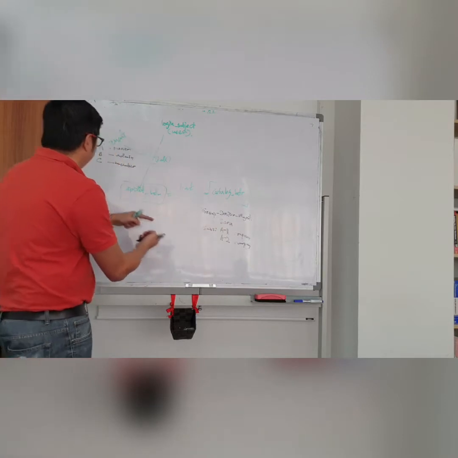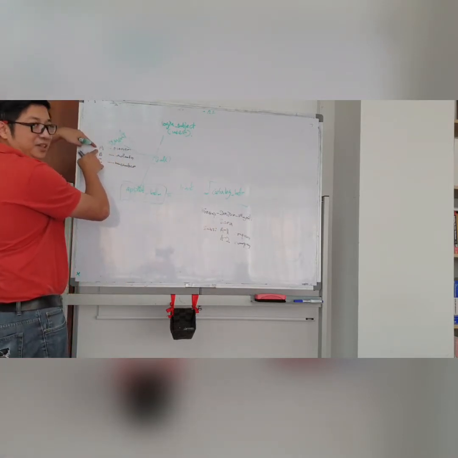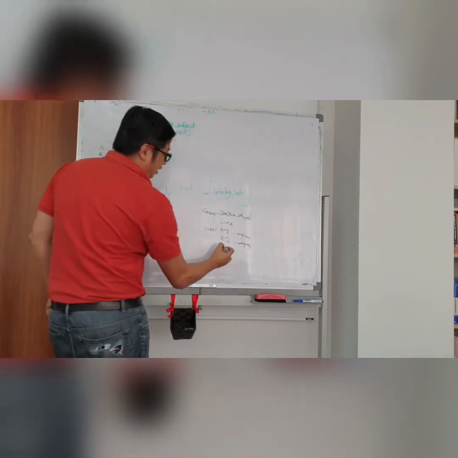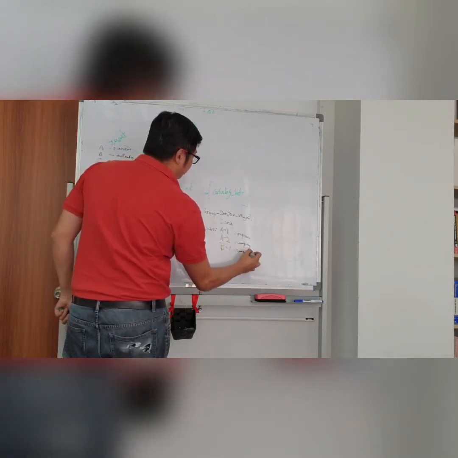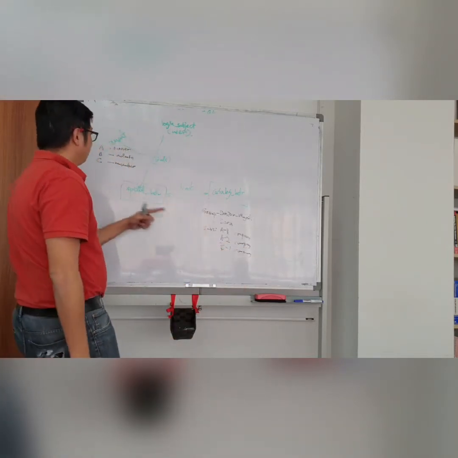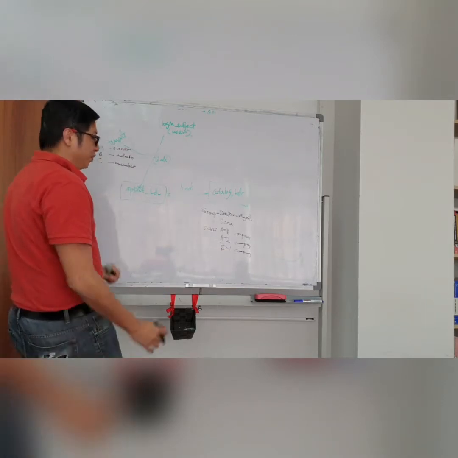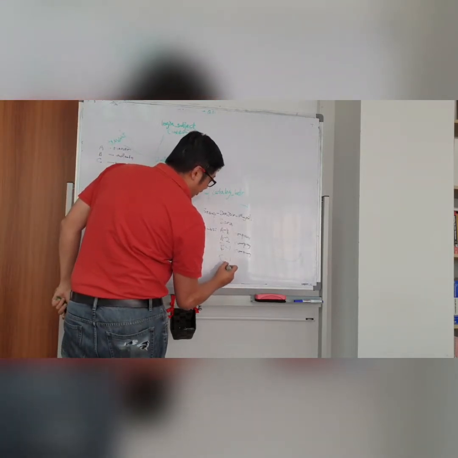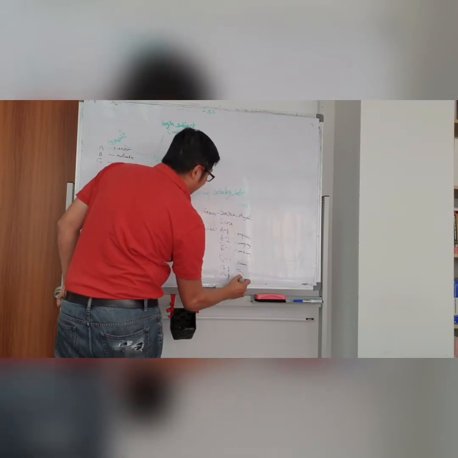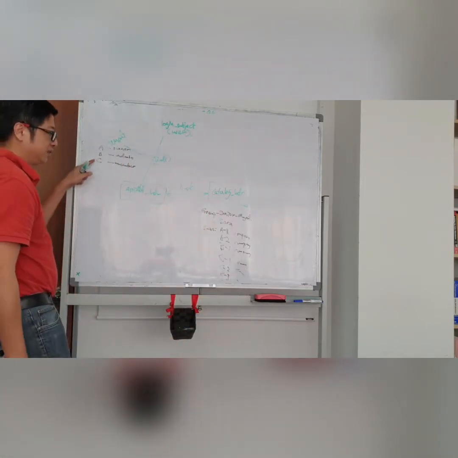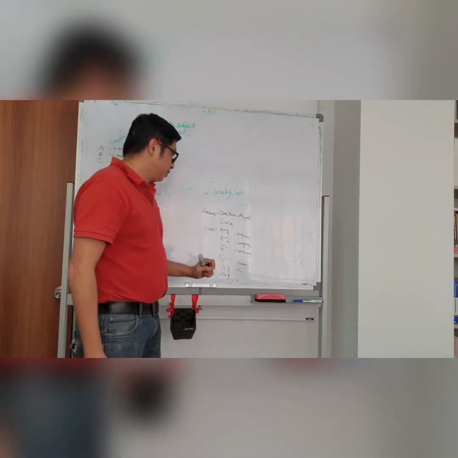Both of these companies are in tenant A. Then I have a B-1 company only, which is in tenant B. And then I have C-1, C-2, C-3, which are in tenant C.